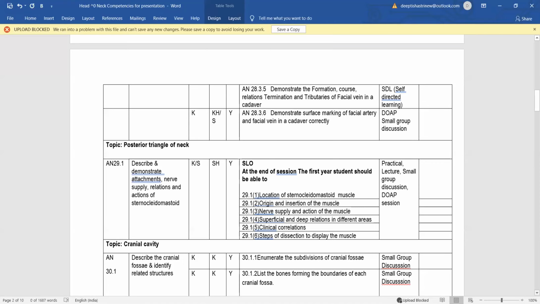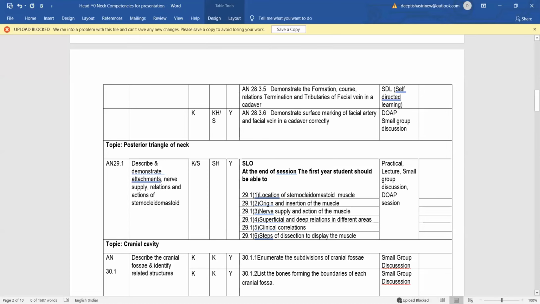Again the action verbs are not present in the SLOs. It says they are able to, then location of sternocleidomastoid muscle. Something is missing between the beginning and what the teacher wants to teach or ask. Similarly, the teaching-learning methods have not been used properly.